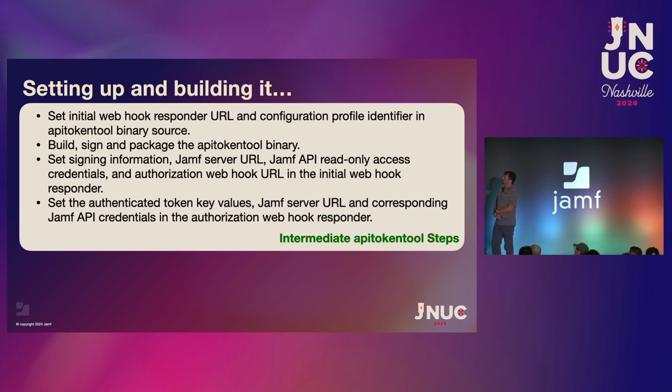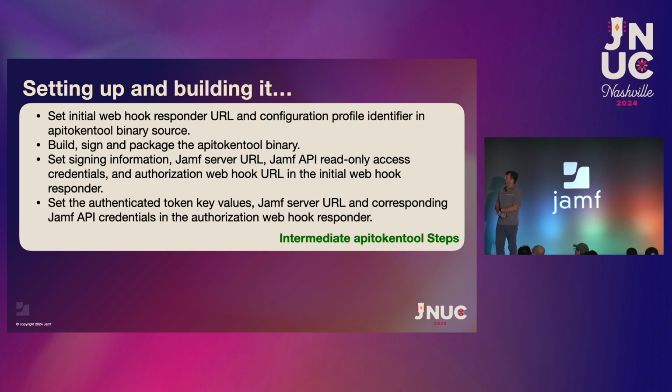You're then going to set the signing information, the Jamf server URL, your API read-only access credentials, and the authorization webhook URL in the initial webhook responder. The initial webhook responder is the one that's going to be verifying that the machine is managed by you, so it needs at least read-level access to your API.